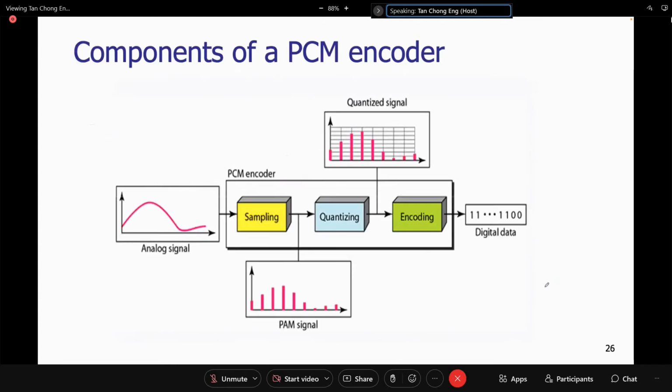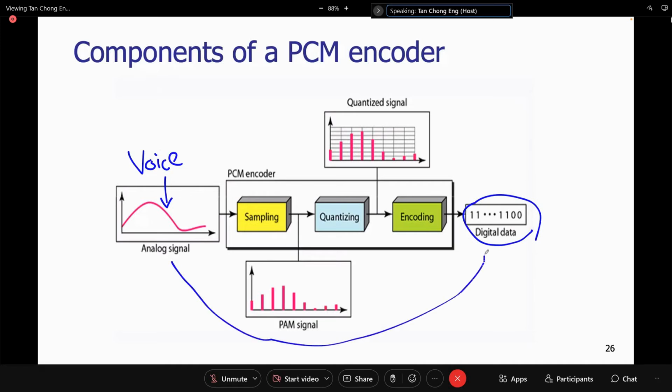So you look at this diagram. This diagram is extremely good here. This is my voice here. My voice is actually this signal. This is an analog signal. I want to convert it into this format, which is digital data, from here all the way to here.